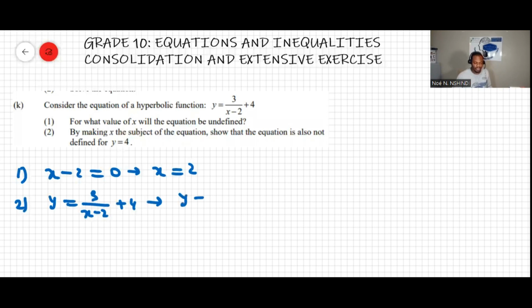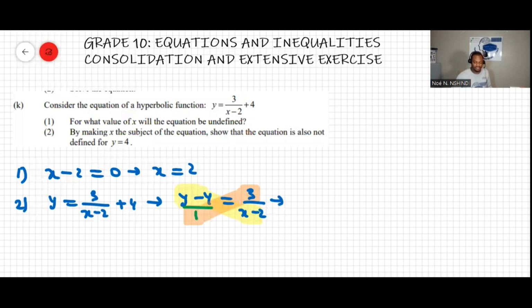So it's going to be y minus 4 equal to 3 over x minus 2. Then I know that the denominator here is just 1. We can cross multiply: I will do this times that, equal to 1 times 3.